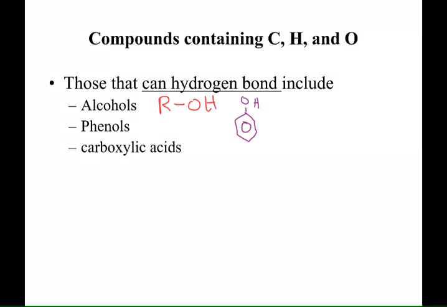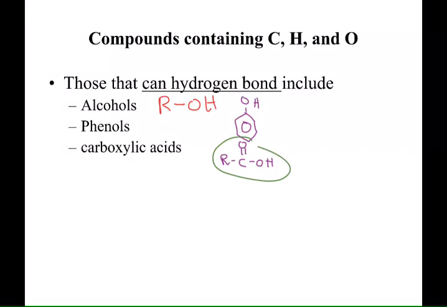Let's see, what else do I have? Carboxylic acids. This other one, I'm going to go with the first column. R-C, double bond O, single bond OH. We actually saw one of those a minute ago. Carboxylic acids. What's the R? I don't know, some sort of carbon and hydrogen. But the functional group we're focusing on is carbon, double bond oxygen, single bond hydroxyl group.